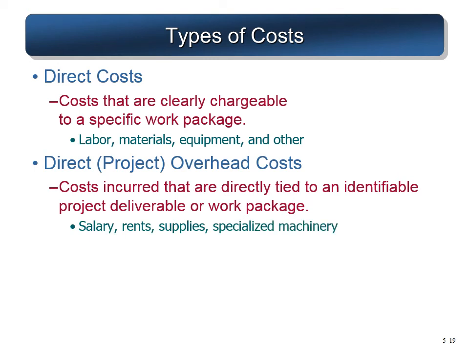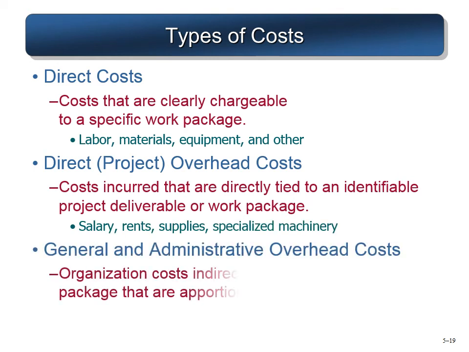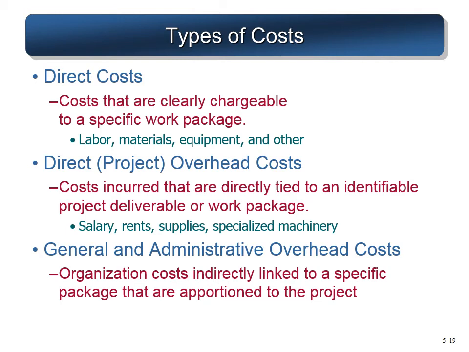Now, the types of cost can be classified into three major categories. Direct cost would be the cost of the labor, material, equipment which are specific for the project. So that's the direct cost. We have direct overhead cost, which are the salaries and the rents and supplies which are required for the particular project. So direct project overhead cost.